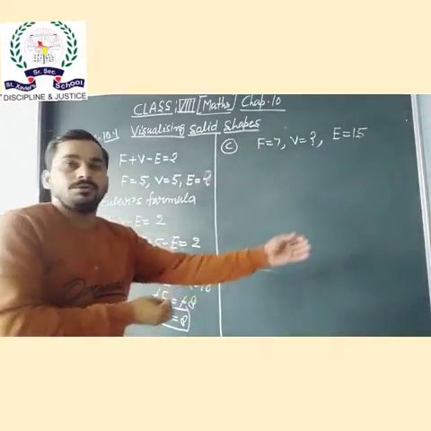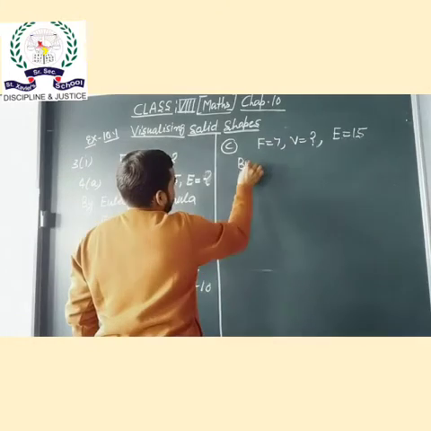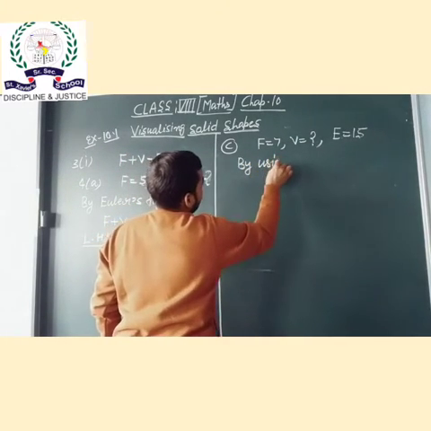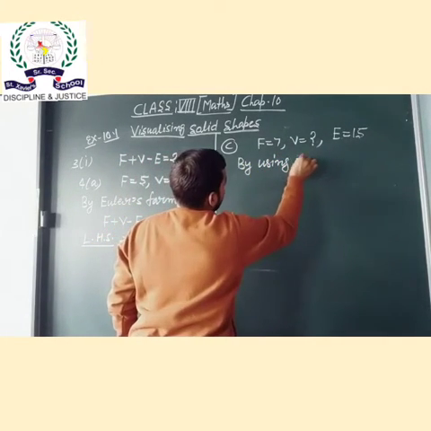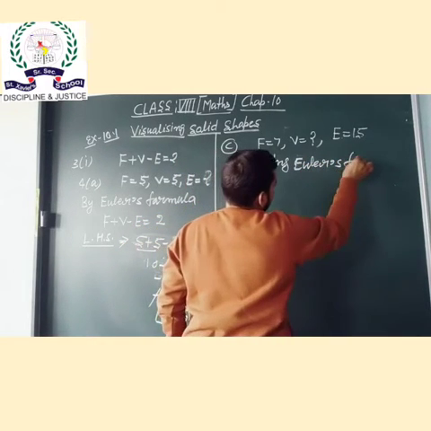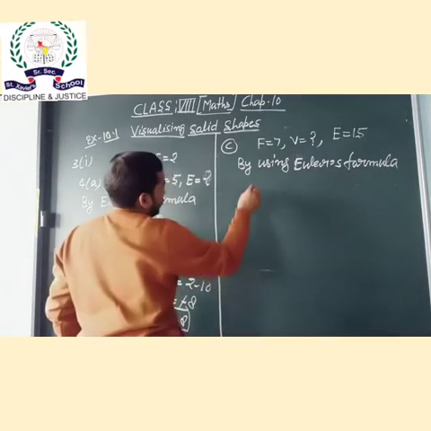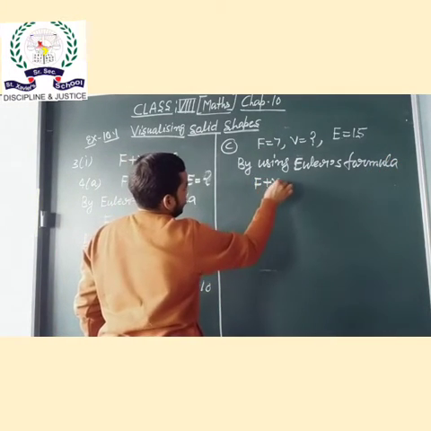Again we have to apply Euler's formula. So by using Euler's formula, F plus V minus E equals 2.